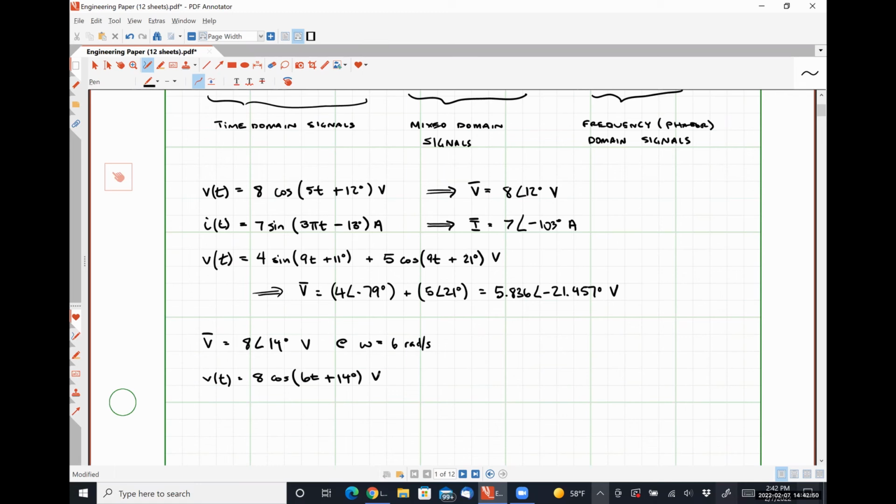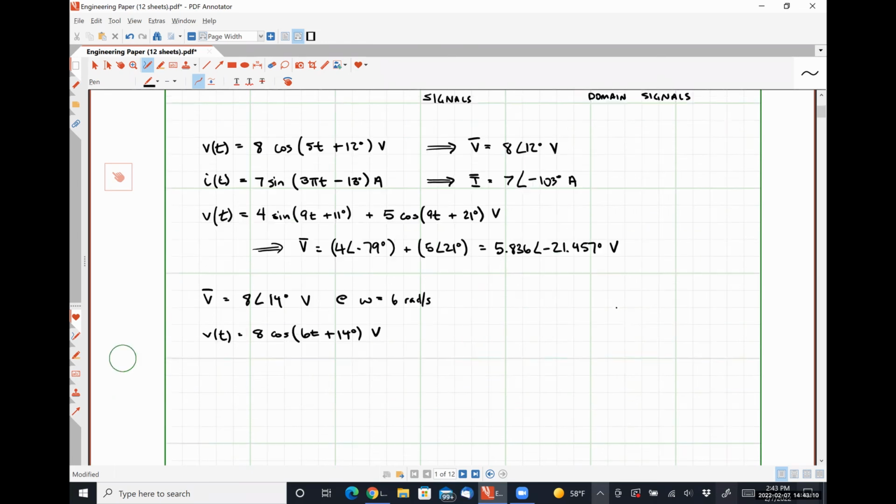So any voltage signal that has a magnitude of 8 volts and a phase angle of 14 degrees would correspond to that 8 angle 14 degrees phasor, right?